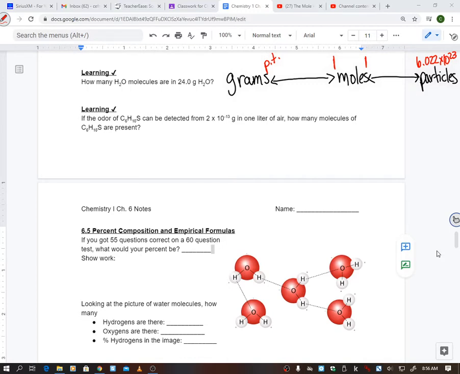Now, here's the kicker, and we'll start off simple, maybe just 2 steps. What if I want a piece of something? What if I give you grams of H2O, but I want particles of just hydrogen? That's where I have to ask myself, do I need to do a mole to mole?